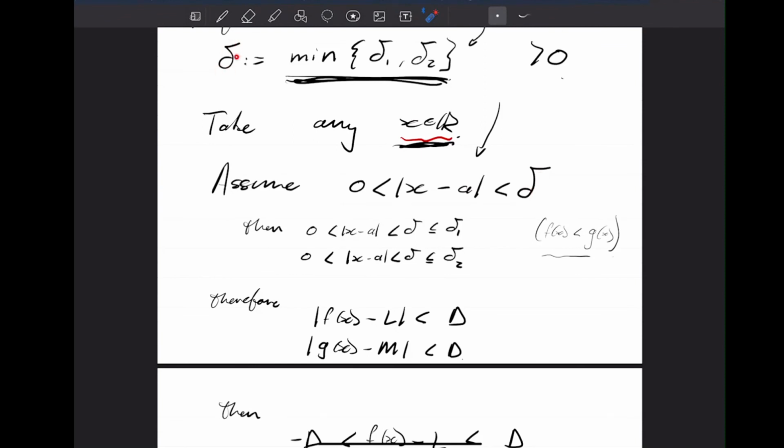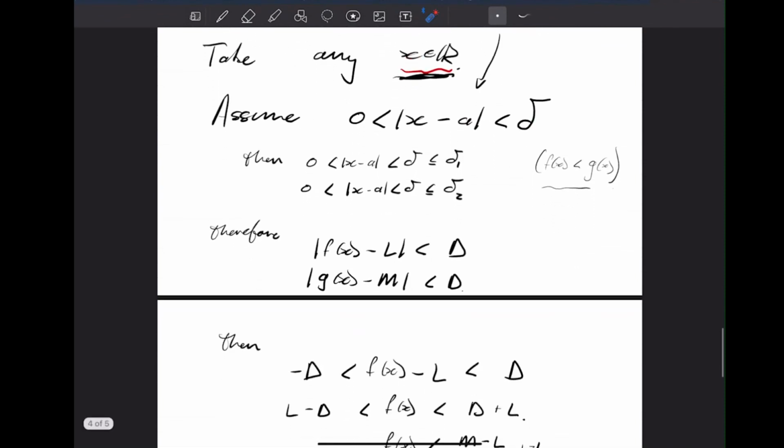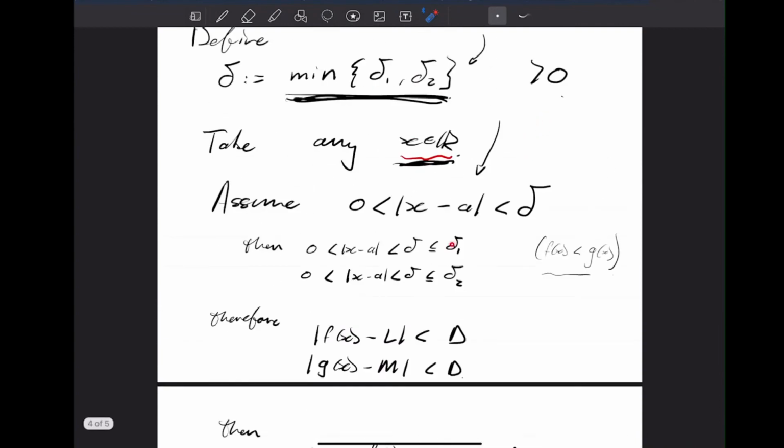This one. So we assume that this x satisfies that condition, and by how we've constructed our delta, delta is less than delta 1, delta is less than delta 2. So this x that we've taken under this assumption is within a delta 1 distance of a and is within a delta 2 distance of a.